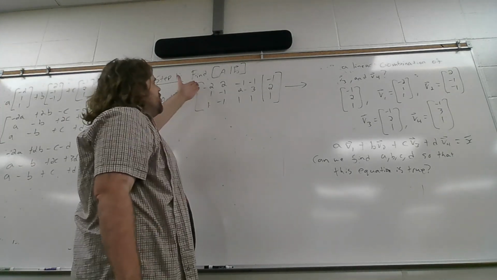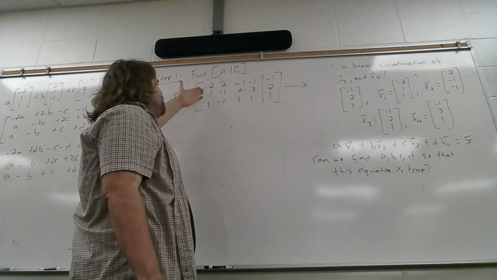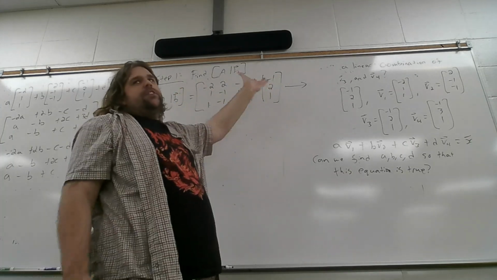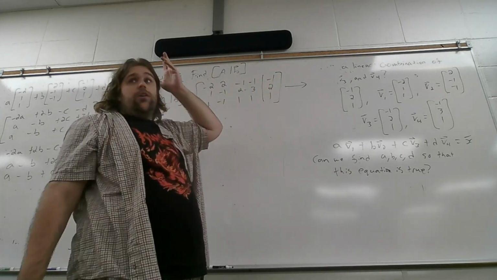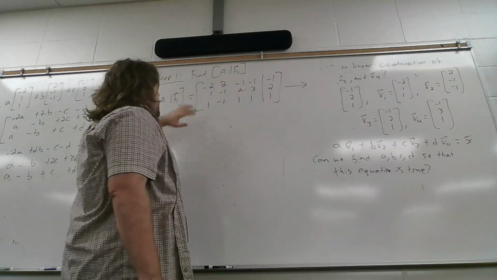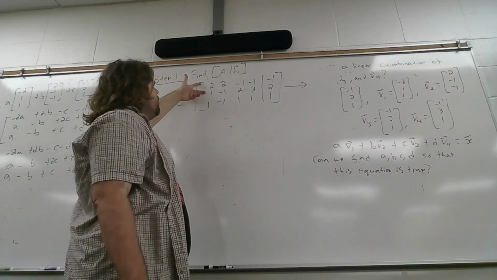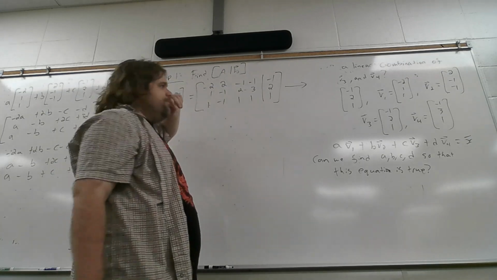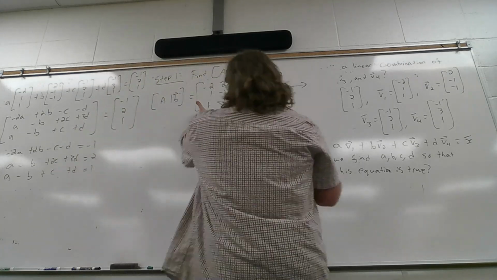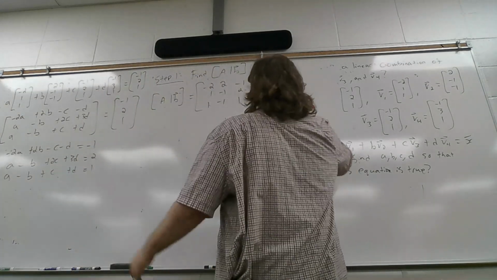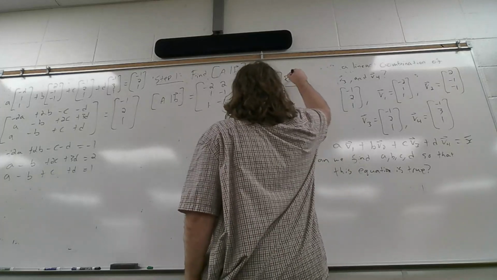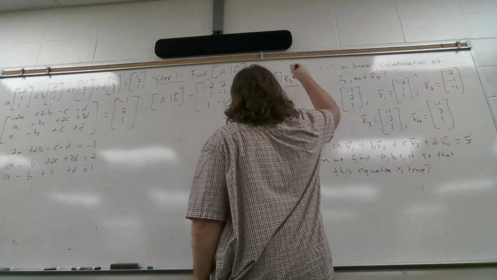You could divide the first row by 2 or minus 2. That's going to have fractions, so it seems like a bad idea. It would work, but I wouldn't recommend it. So we could just switch one of these with the first row, and it doesn't matter which one. So let's pick the bottom row because it's just ones. That looks nice. Row 3, swap with row 1.